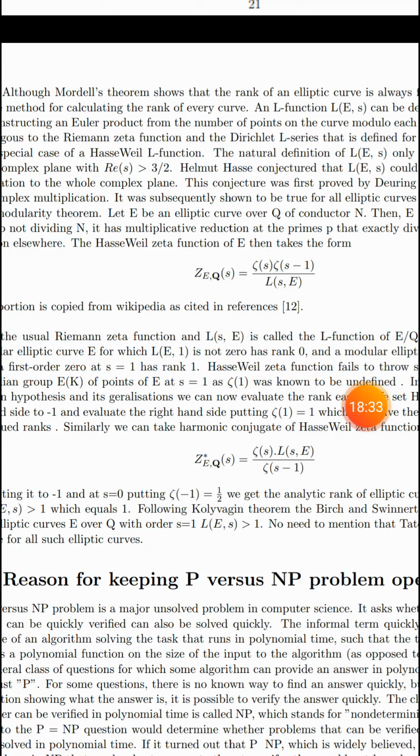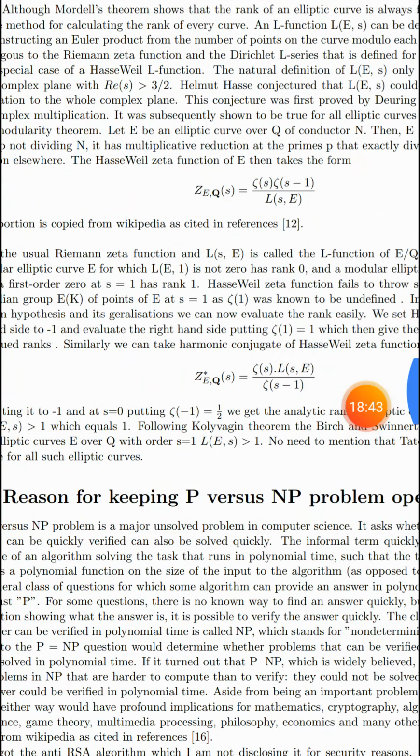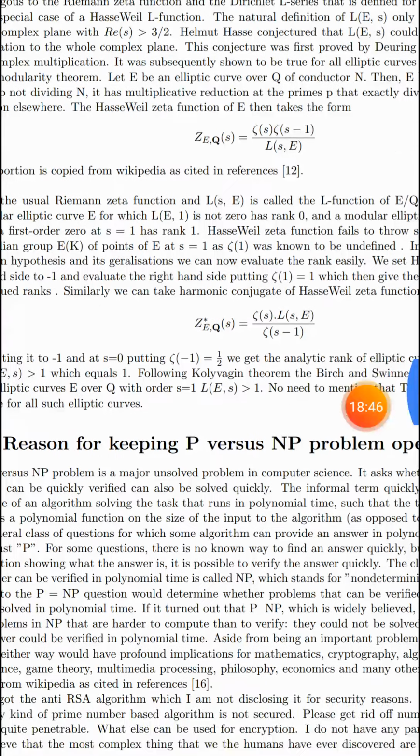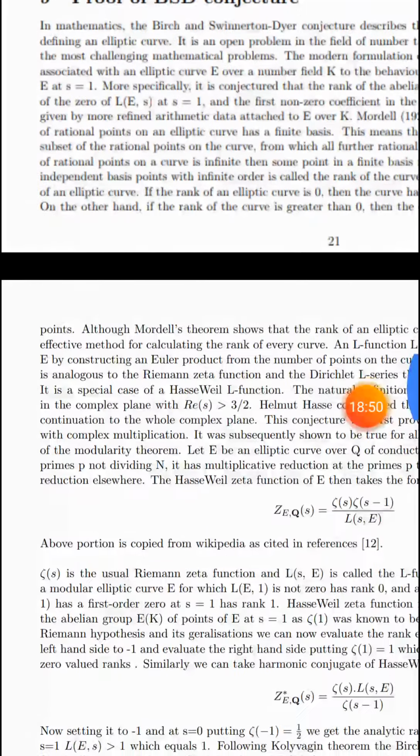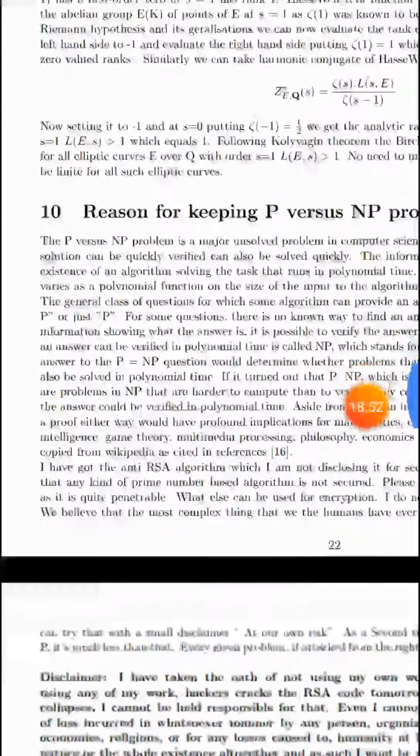This one, and -1 is still 1. So that will be the reason why these elliptic curves will have a rank of 1 unit rank.